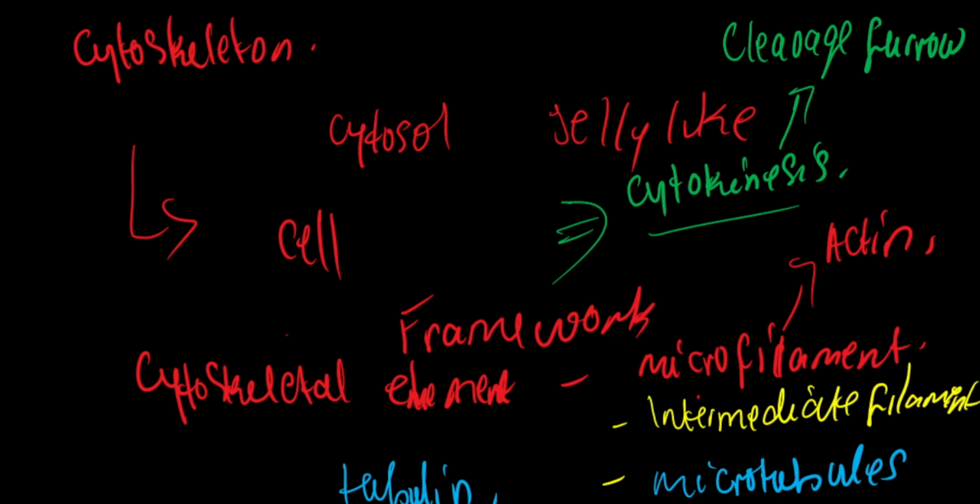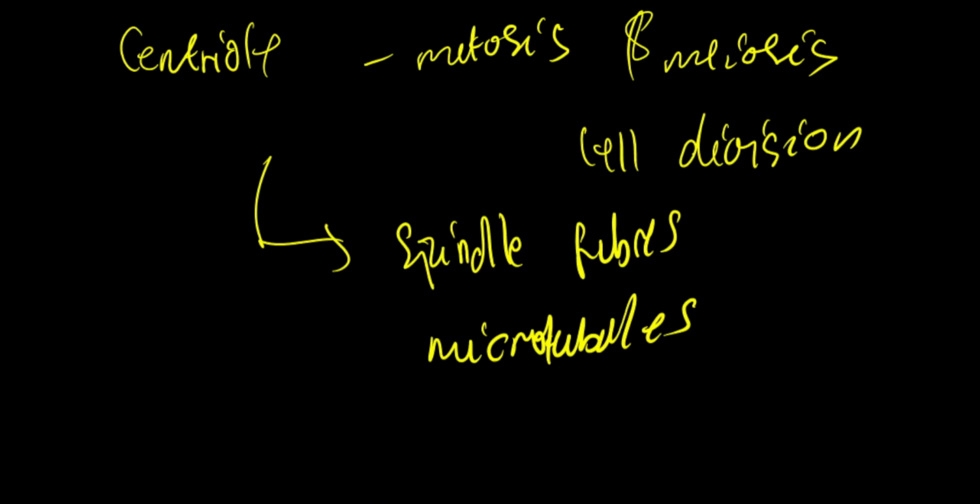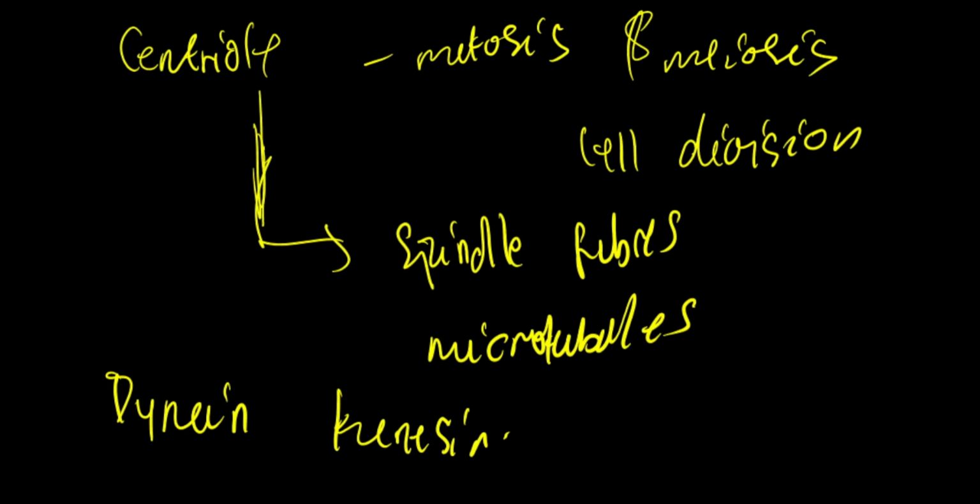So here, when we were considering the microfilaments, we saw that their associated protein is actin. For the microtubules, the associated protein is tubulin. We also have some motor proteins as well, like dynein and kinesin. Very importantly, the centrioles help in the formation of spindle fibers, which are formed during cell division.